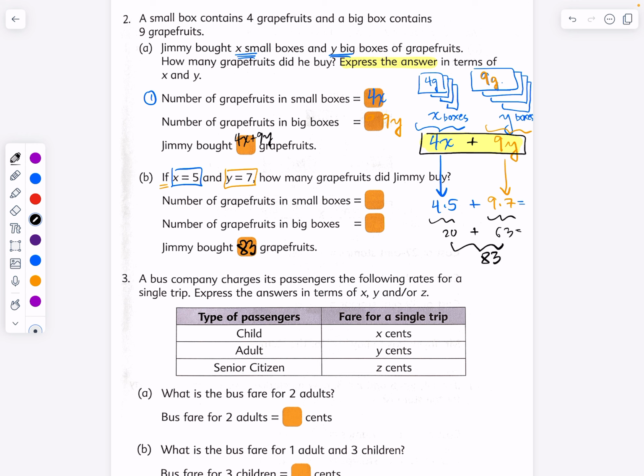So this is how we first write an expression. Step 1, write an expression. Step 2, compute the exact value if the given values of x and y are 5 and 7. I hope you find this lesson on translation helpful.